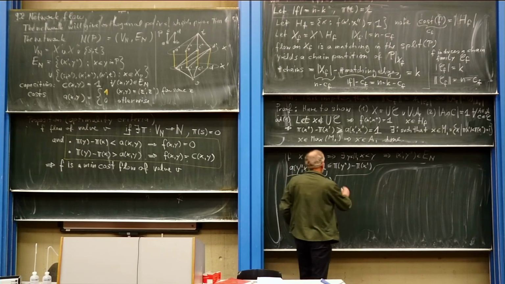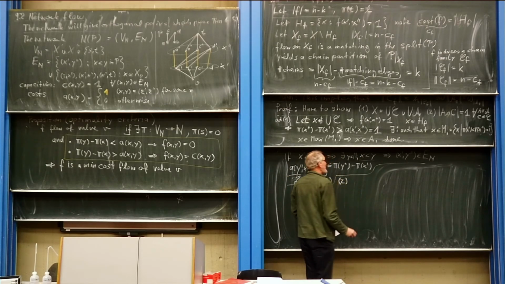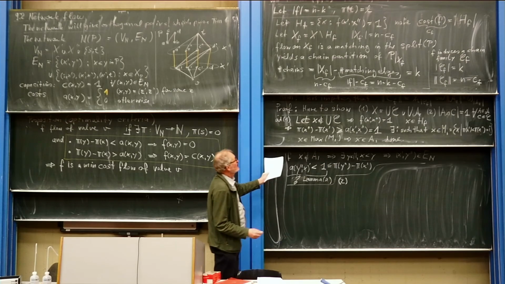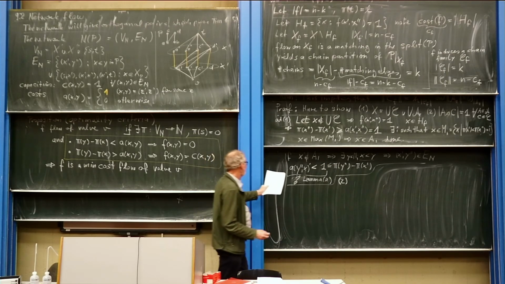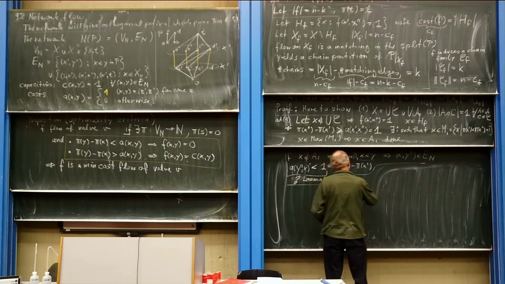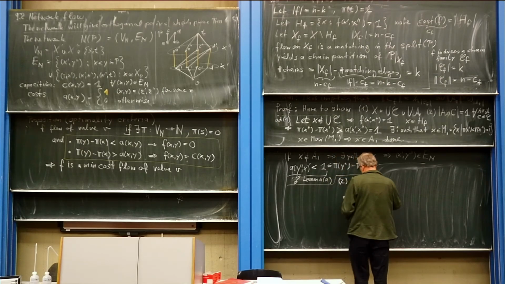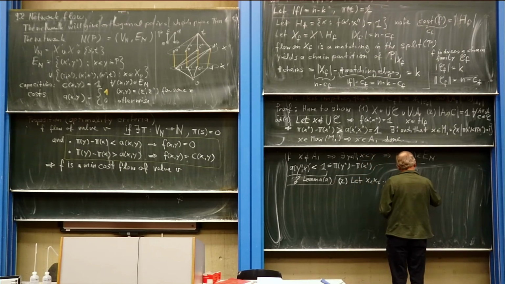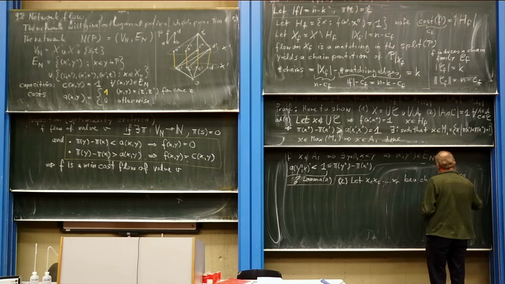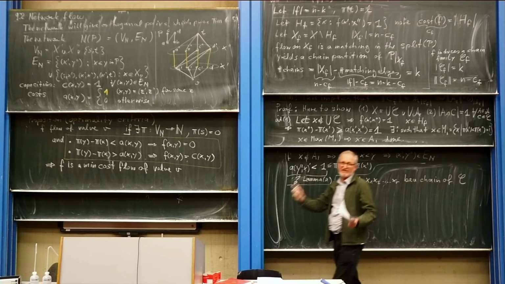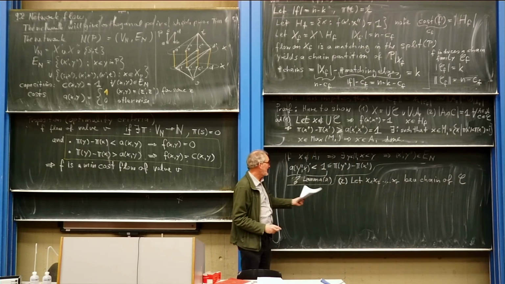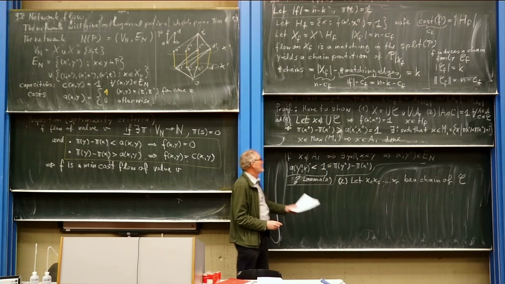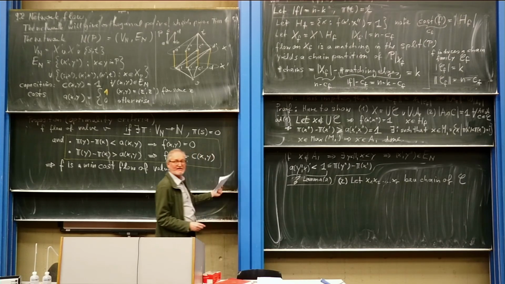Now we go to the second property, and for this we look at a chain x1 to xr of C. So C is a C of F, and this is one of the chains that is given by the matching edges in the split.